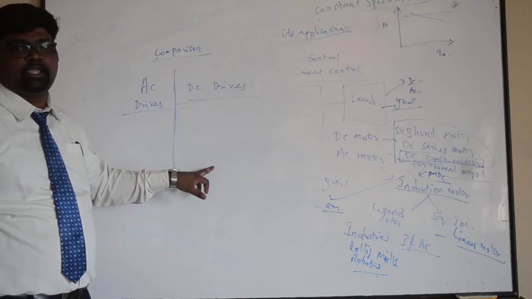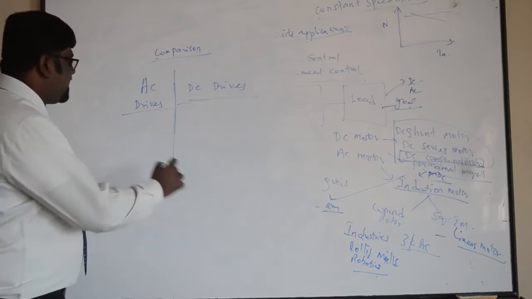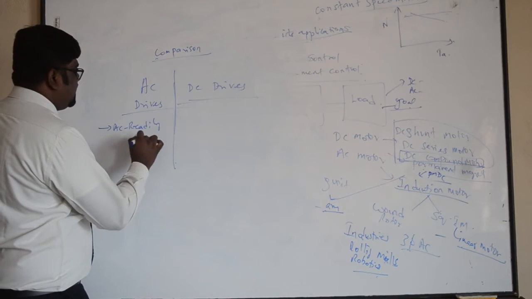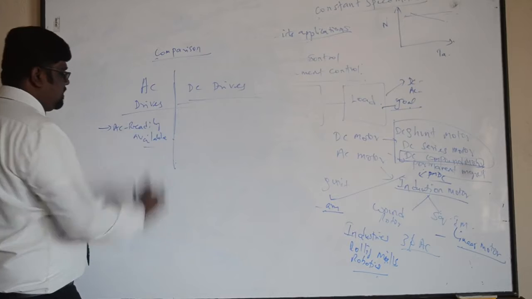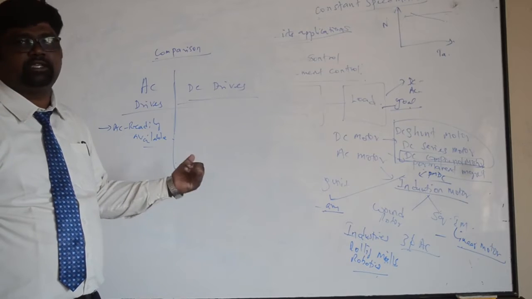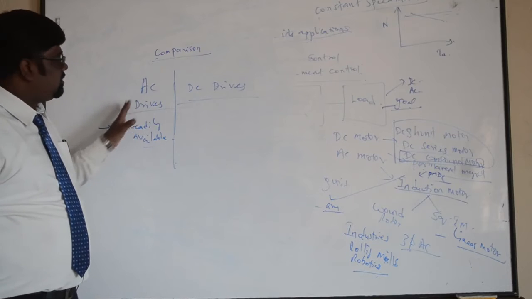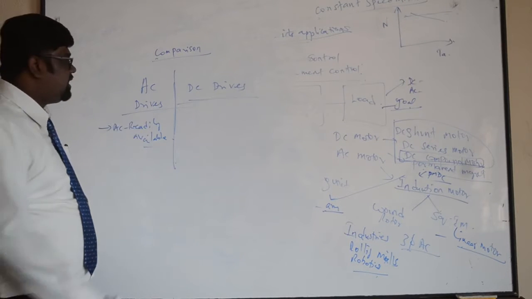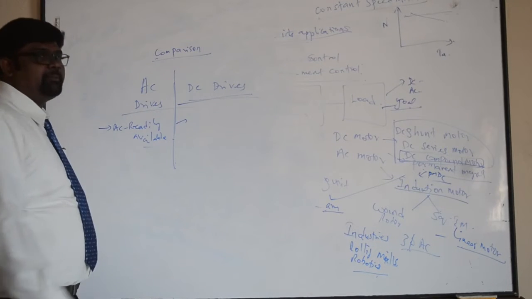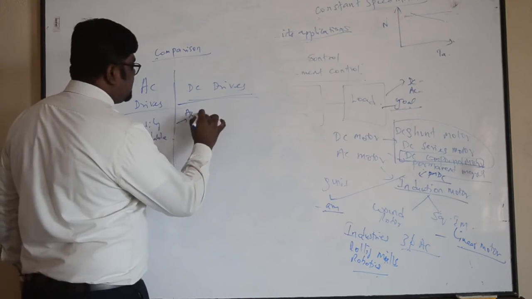As we all know, AC is a readily available source: single-phase AC in residential use, and three-phase AC in industry. So these AC drives are most preferably used. For a DC drive we need a separate rectifier panel for the AC to DC conversion.